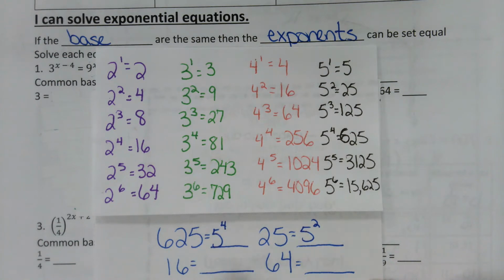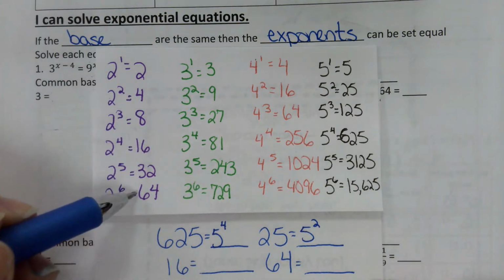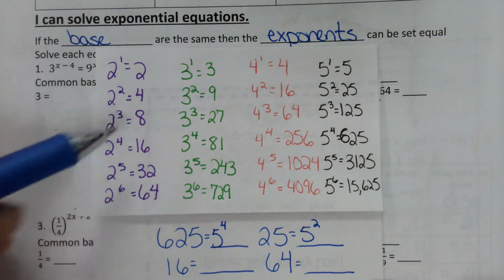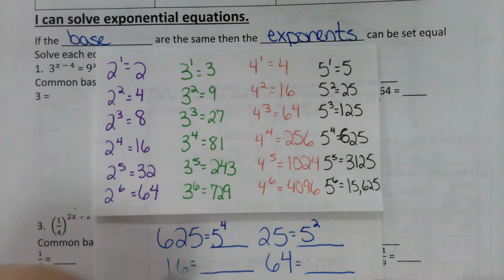You'll find that sometimes with pairs of numbers, you'll have multiple options for your bases. For example, I see both 16 and 64 in the powers of 2, and 16 and 64 are powers of 4. So you have choices here. You can write powers of 2, which 16 would be 2 to the 4th, and 64 would be 2 to the 6th.